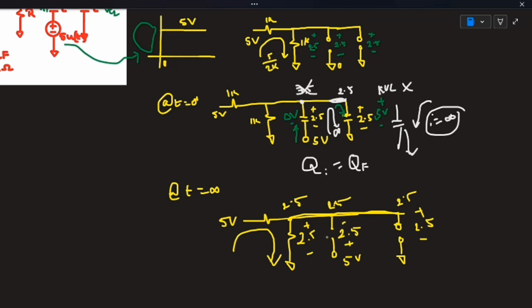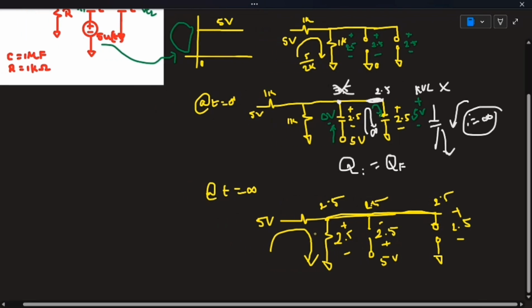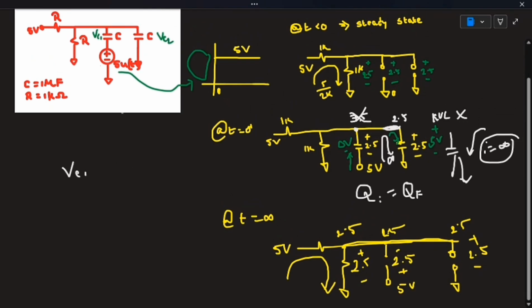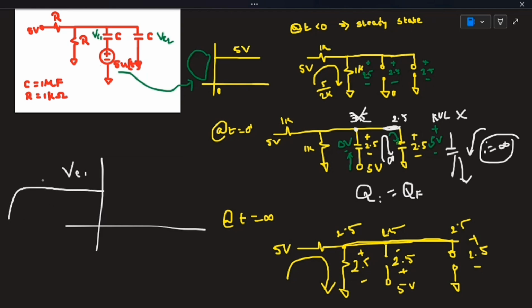Now let us see how we can draw the graphs. First let's draw the graph for VC1. Before t equal to 0 it reaches steady state at 2.5 volt. We saw that right here, it reaches 2.5 volt, and at t equal to 0 it instantaneously goes to 0 volt, and then at t equal to infinite it settles to minus 2.5 volt after some time.